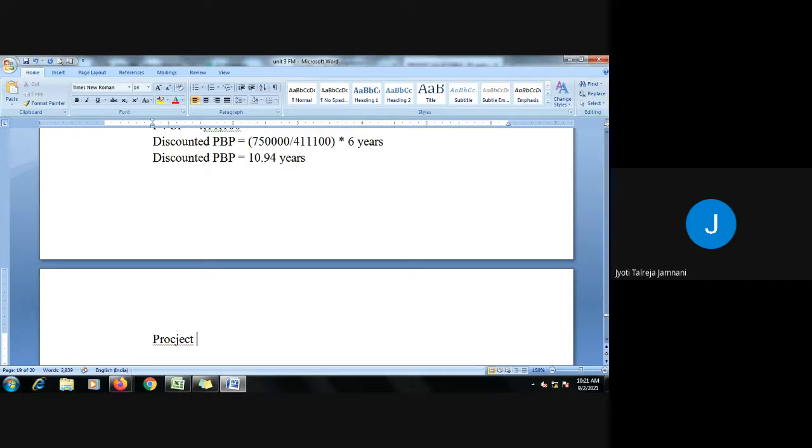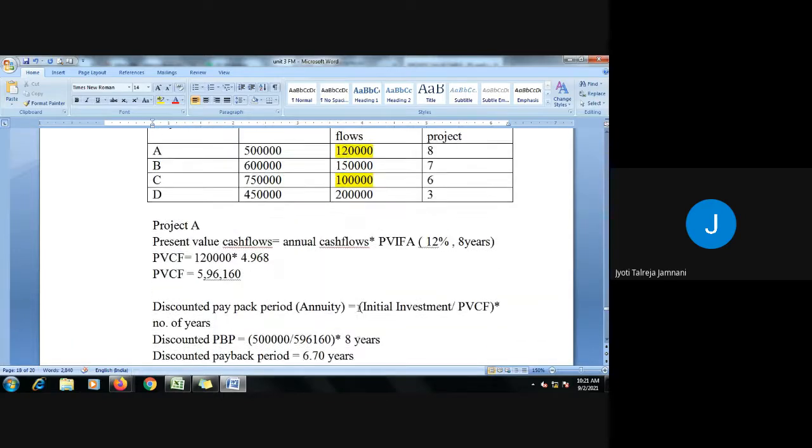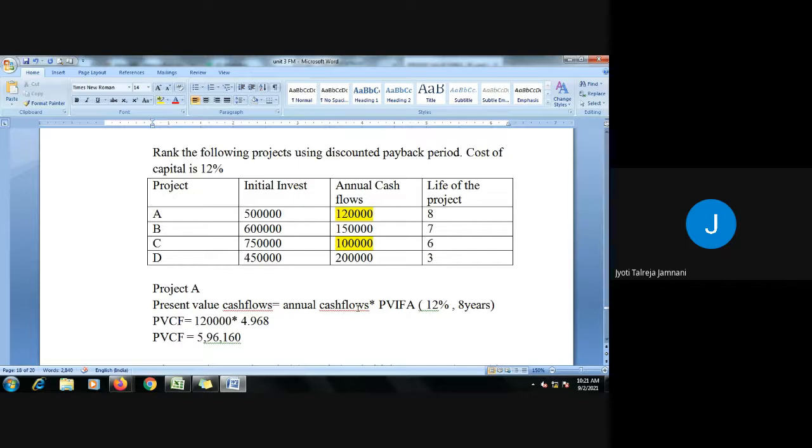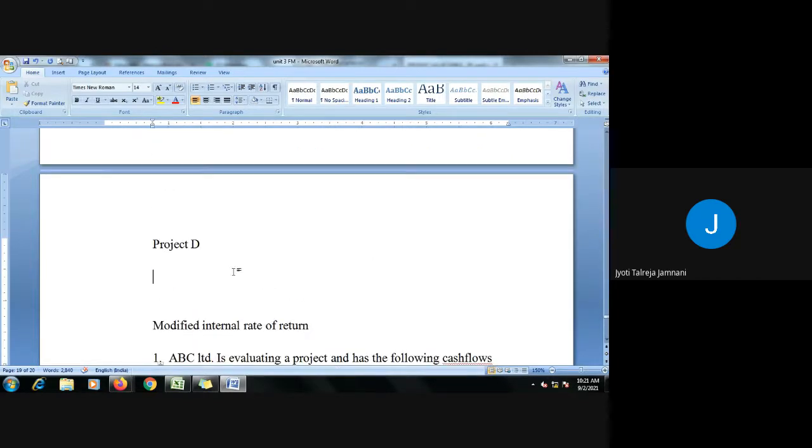Project D we'll do now. Project D annual cash flows is 2 lakh and life is 3 years. Present value cash flow is equal to annual cash flow 2 lakh into present value interest factor annuity at 12% for 3 years.